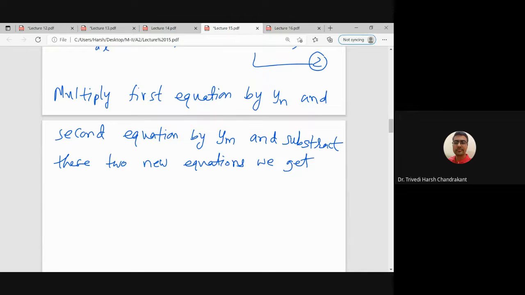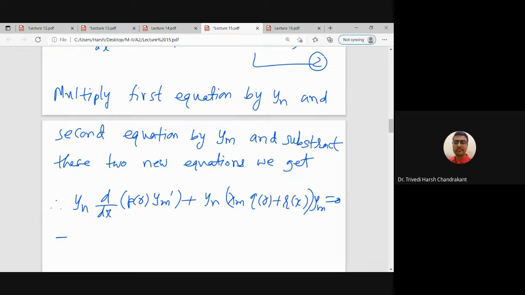So the first equation, we get yn times d by dx of (px ym dash) plus yn times lambda m (qx plus rx) times ym is equal to 0.